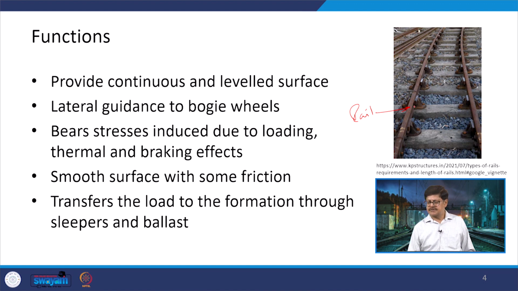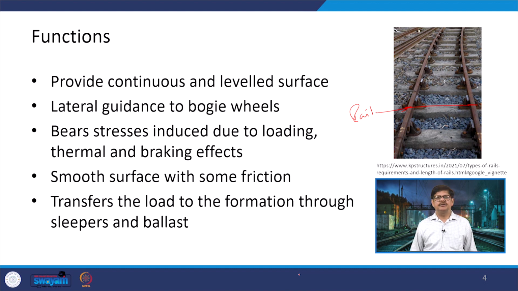The level has to be continuous, the same level, so that there are no undulations, and when the train or the wheel of the locomotive moves on top of it, the passengers do not feel any discontinuity or discomfort.